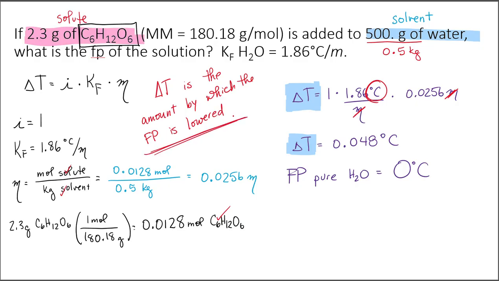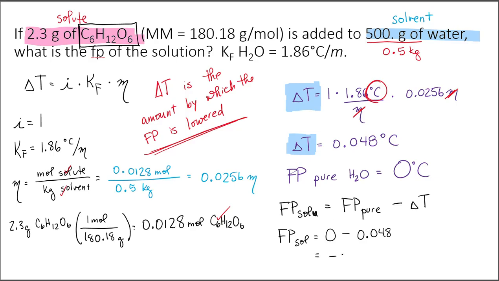So you have to be smarter than your answer. The freezing point of the solution is the freezing point of the pure solvent minus the amount by which it's lowered. So the freezing point of this solution is 0 minus 0.048.